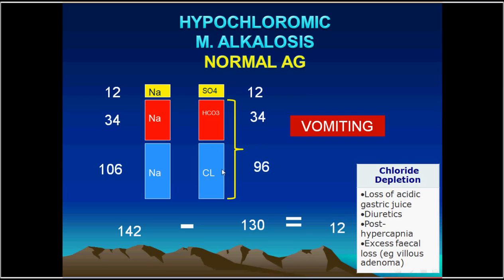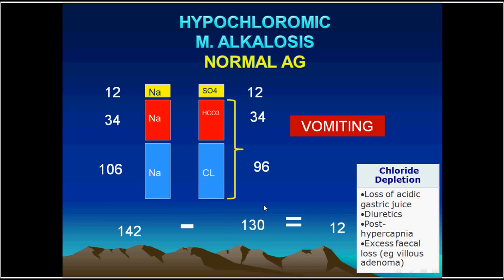Loss of chloride is associated with gain of bicarbonate, and loss of bicarbonate is associated with gain of chloride. So the two together will be 130, with no change. If the patient is vomiting, he's losing chloride and gaining bicarbonate, but the two together are 130. So 142 minus 130 is 12. This is a case of metabolic alkalosis, but with a normal anion gap.